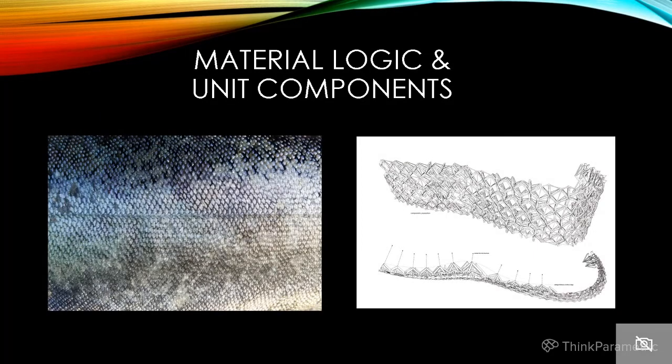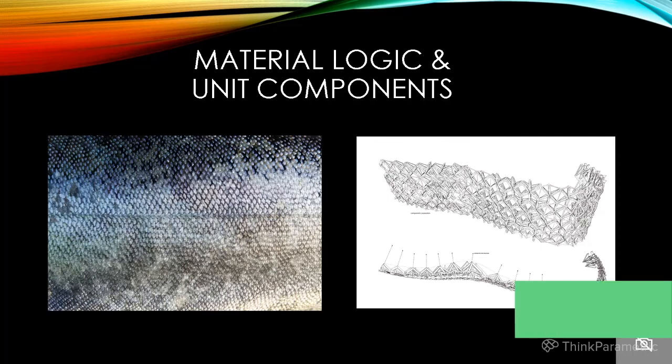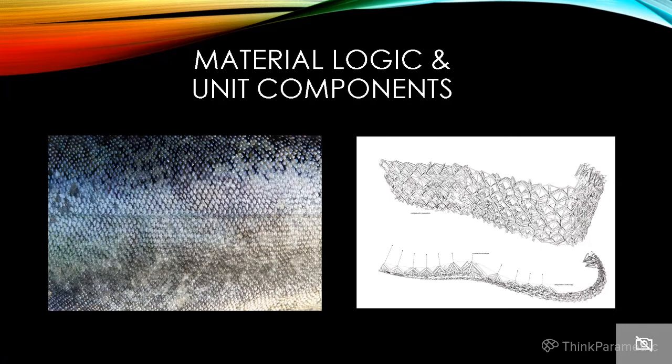And that lets us lead into this very great logic that we can develop from parametric systems. It's the material logic. The unit component, such as a geometry that's very simple, that we expand and cover a surface with, will be still coherent as we arrive at larger systems.